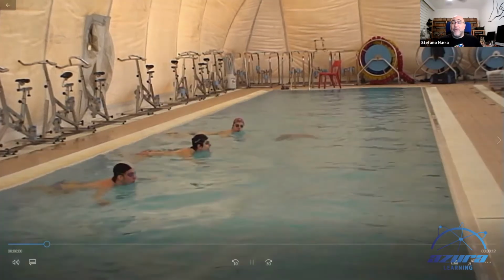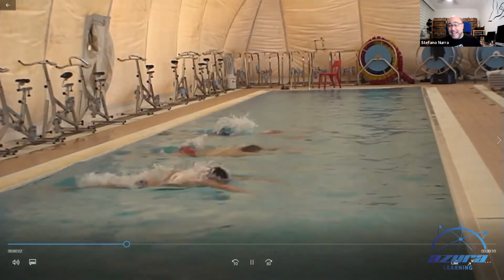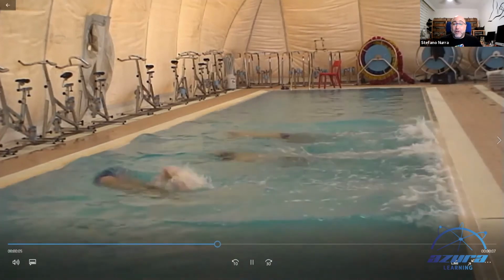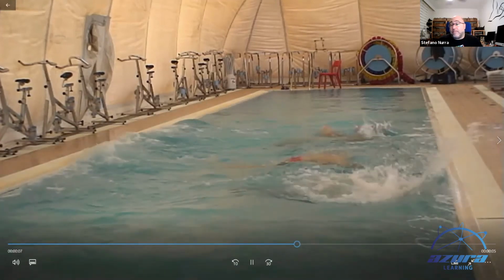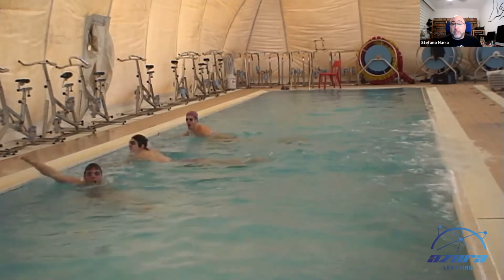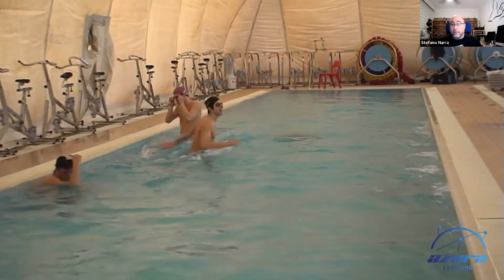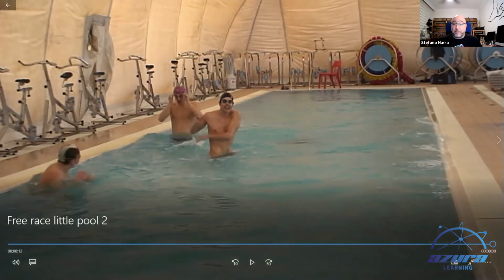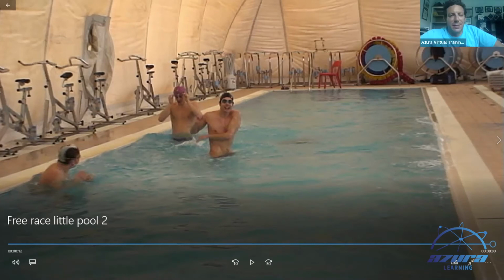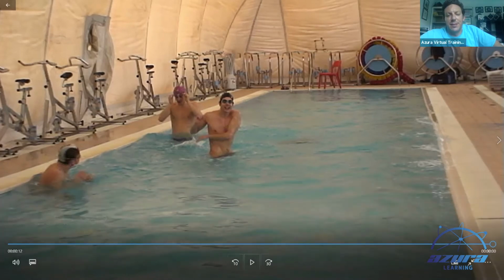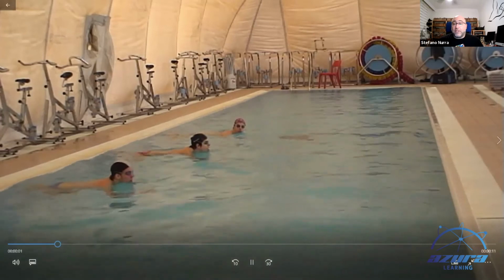Gianluca knows these three guys, no? They were juniors at this moment, and they were the top in Europe, but not as sprinters, middle distance or distance. But we were doing this kind of drill, this kind of exercise. This was a race.